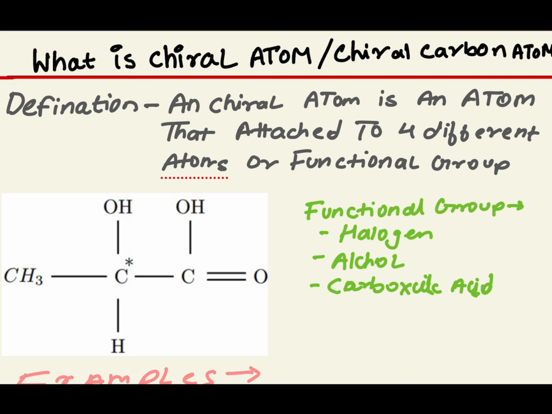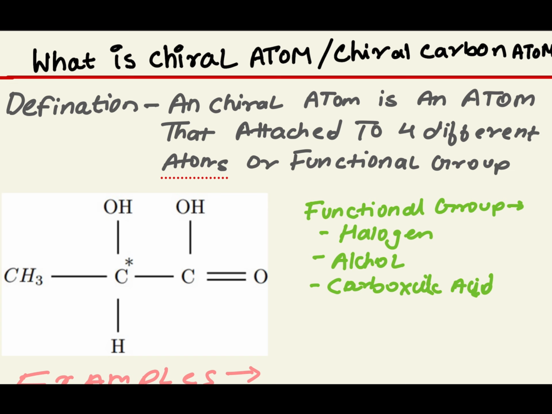It can be anything. At the end it is an atom, so let's call it an atom. Our functional groups are halogens, alcohol, carboxylic acid, ester, ether. There are many functional groups.